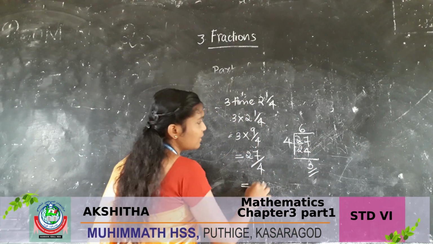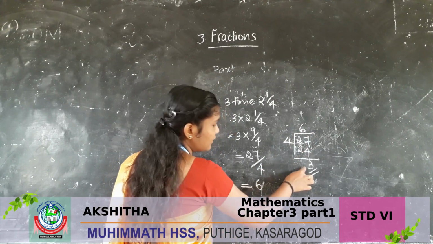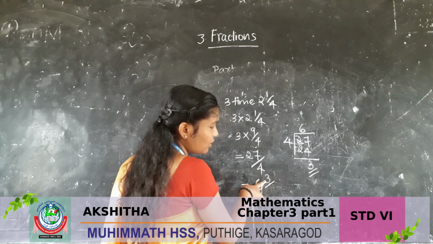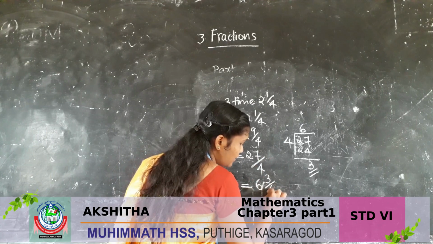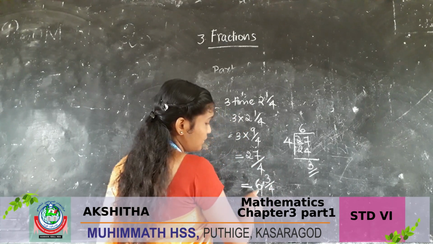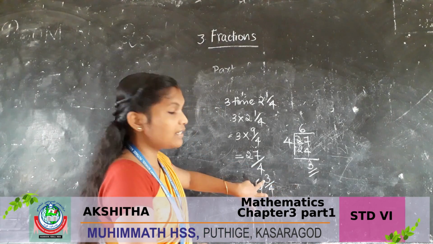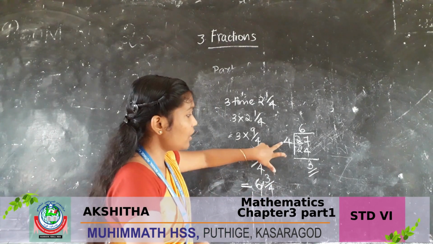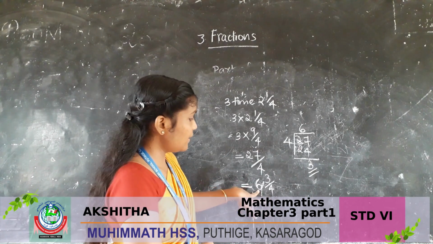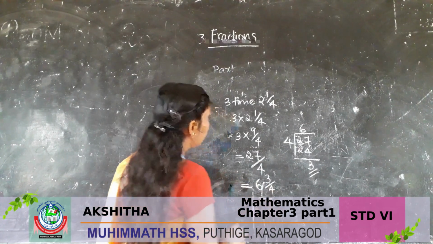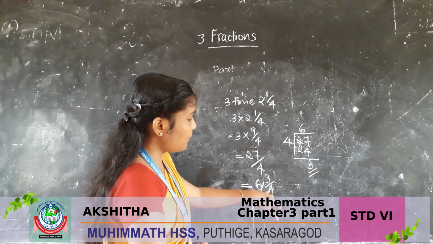So the 6 we should write as answer, 6, and the remainder we should write as numerator and 4 we should write as denominator. So what is the answer? 6 3 by 4. 3 times 2 1 by 4 is 6 3 by 4.